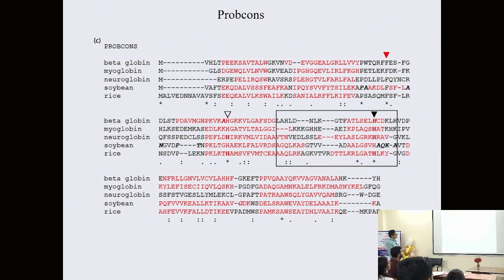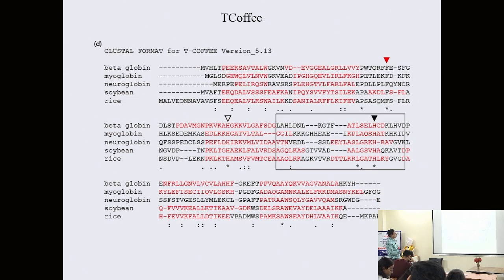ProbCons is based on a hidden Markov model, a probabilistic model, and you can see that histidine is aligned in one column in all these sequences. T-Coffee is also good. All histidines are aligned in one column.